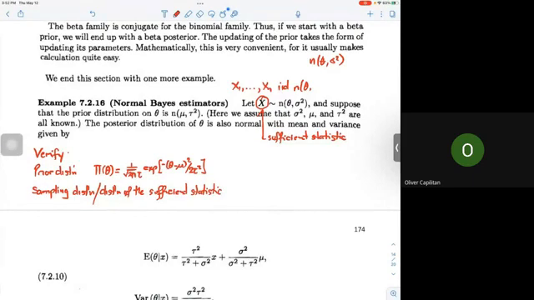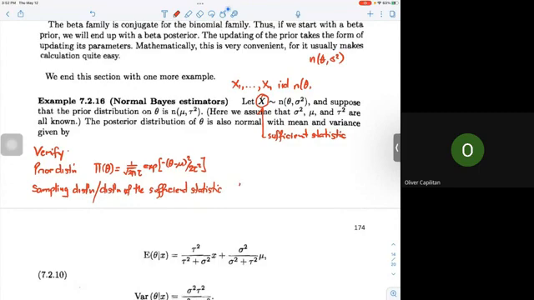So, we have now f of x given our parameter theta. In this case, we have 1 over the square root of 2 pi sigma, the exponential function of the negative of x minus its mean, ano yung mean niya, theta, quantity square divided by 2 sigma square.